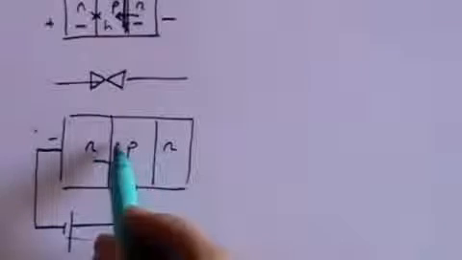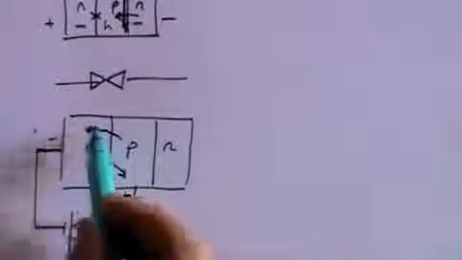So this is just a circuit of electrons, and the holes in the positively charged material are quite happy to be attracted towards this negative, and so they will go this way round.